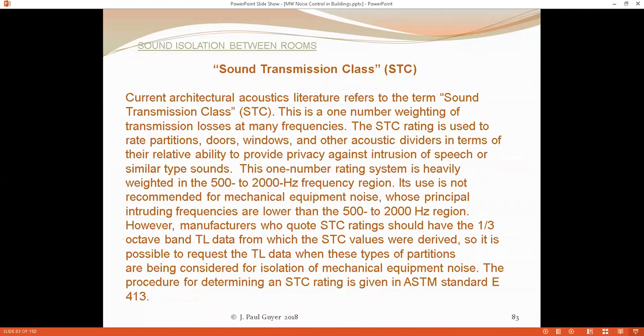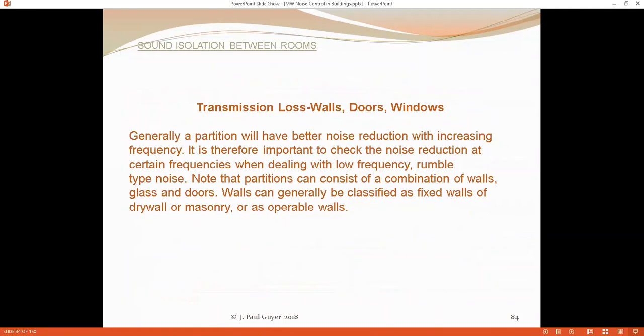And keep in mind that in designing your barriers, with a wall, if you need to have a noise reduction of, say, 50 decibels nominally, everything in that wall needs to have that noise reducing characteristic.